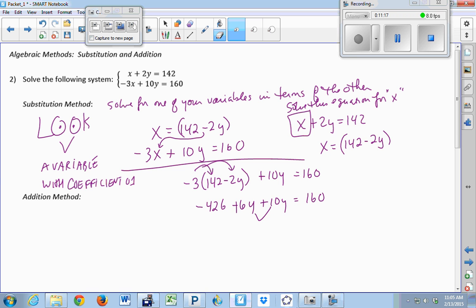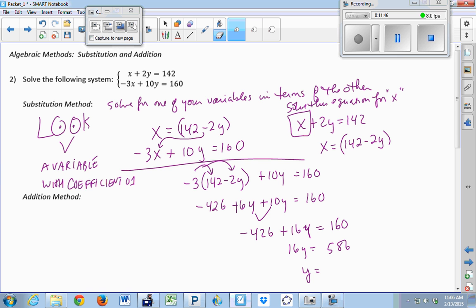We combine like terms. If at any point you don't see how I get from one equation to the next, just stop me. Say, Linda, hang on, I don't know what you're doing. We get 16y on this side, and 586 over here. When we divide both sides by 16, what do we get?